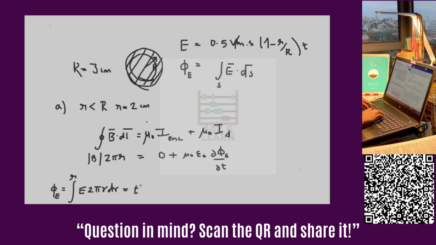That gives us t comes out as usual, 0.5. 2 pi also comes out of the integral. We integrate 1 minus r over R, dr. So integrating this, we have t pi.